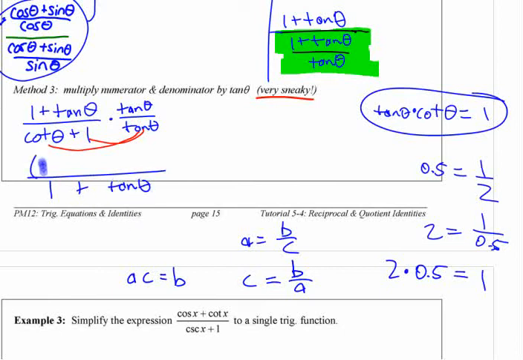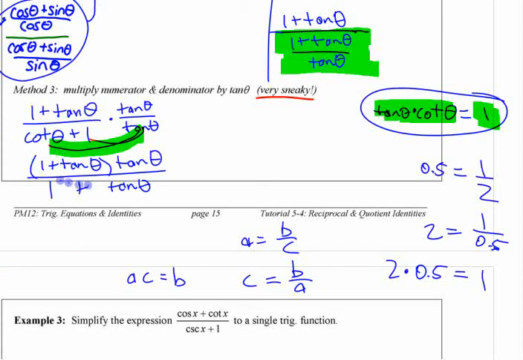On the top, I'm going to leave it as is. I'm not even going to expand it. Maybe some of you did expand it and then factored it again later. Let's make a note over here: tangent times cotangent is 1. That's what's happening here. What happens with this now, though? I have this on the bottom, I have this whole thing here, and I have this whole thing. What does that equal? Just tangent. So it's kind of a quick way of doing it.